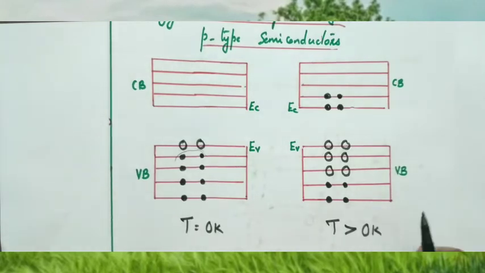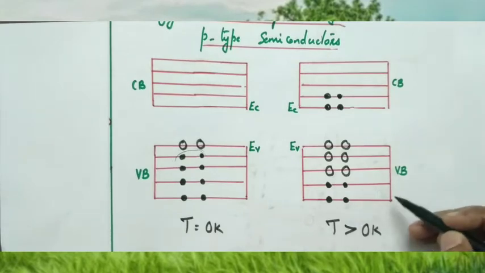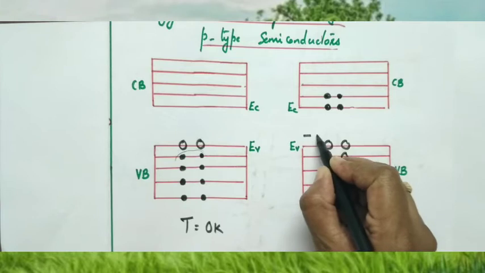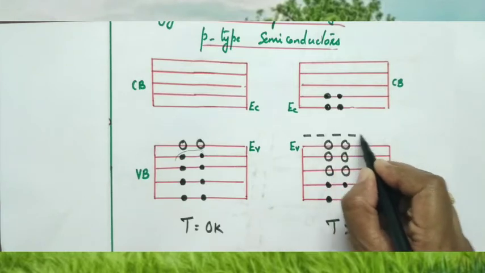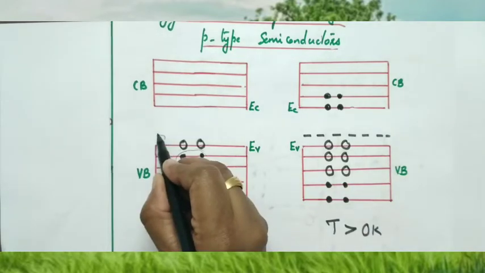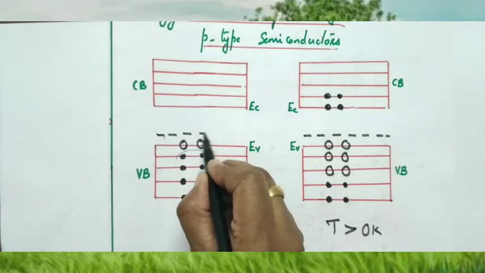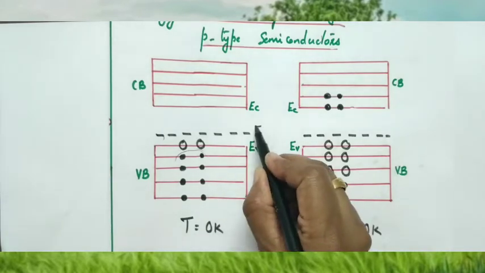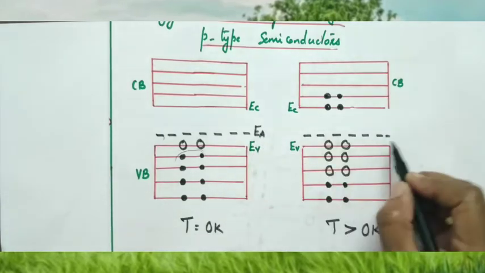Clear? Now, in a p-type semiconductor, in addition to the valence band and conduction band, there is one more energy level close to the valence band. Here we can draw an additional energy level close to the valence band, and that energy level is called the acceptor energy level, EA.